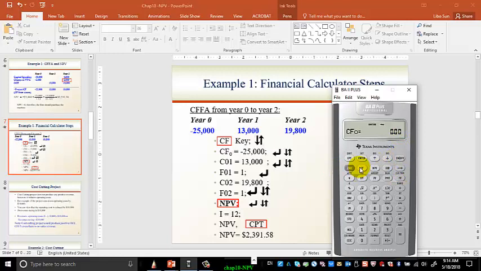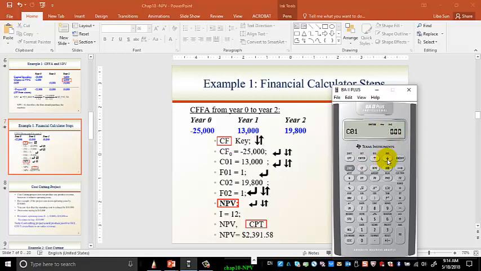So the initial cash flow 0, is negative 25,000. So we're going to enter 25,000, negative. Please remember, always click Enter key after you enter number. When you see decimal displayed, means this number is recognized and remembered.